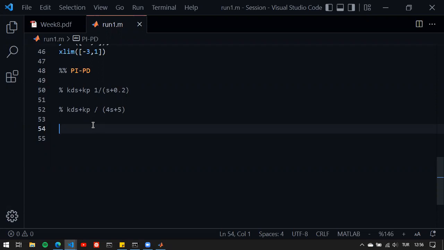Any ideas? So we have a PD controller, we will use it again, but instead of having KDS plus KP divided by 4S plus 5, let's update the PD controller, or let's change the way that we use the PD controller so that we don't have any 0 in the closed loop.